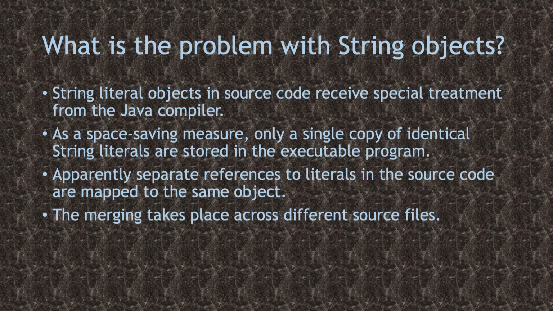As a space-saving measure, the compiler looks for identical string literals and merges those that are the same into a single string object, and rewrites the references to those apparently different string objects into that merged single string object. A key thing to note here is that merging takes place across different source files.